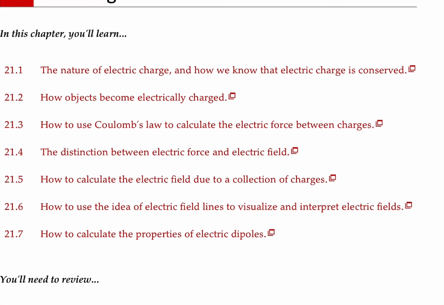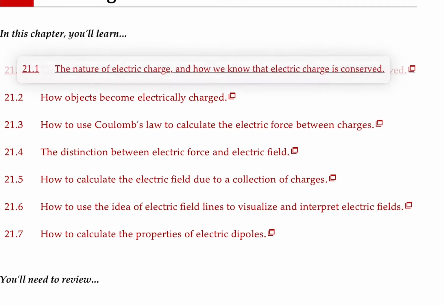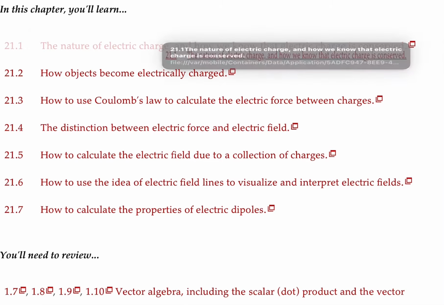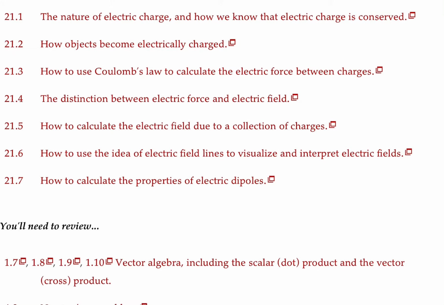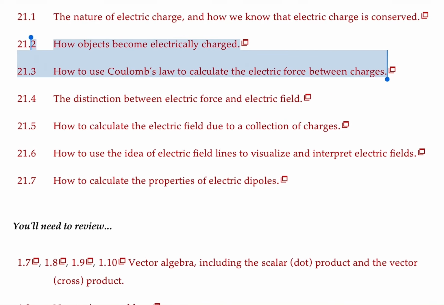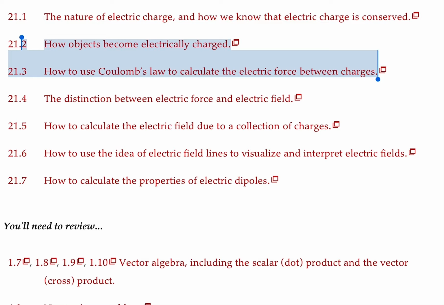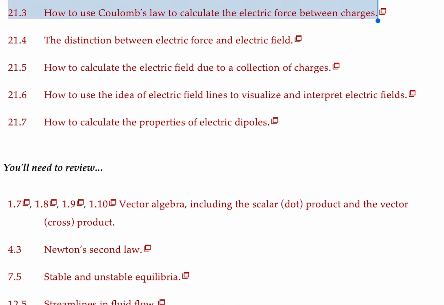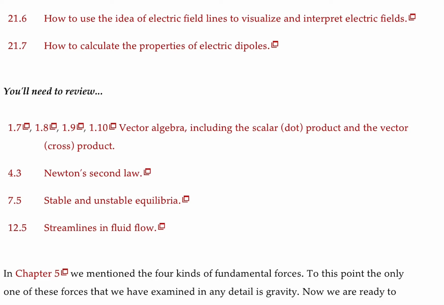The objectives are the nature of an electric charge and how we know that an electric charge is conserved, how objects become electrically charged, how to use Coulomb's law to calculate the electric force between charges, the distinction between electric force and electric field, how to calculate electric field due to collection of charges, how to use the idea of electric field lines to visualize and interpret electric fields, how to calculate the properties of electric dipoles.